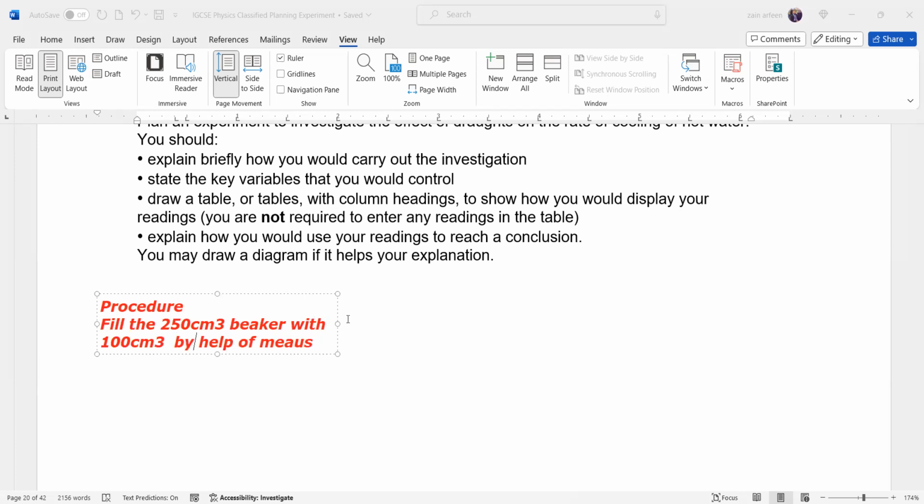So fill the 250 cm cube beaker with 100 cm cube of hot water with the help of a measuring cylinder. That is the first thing.